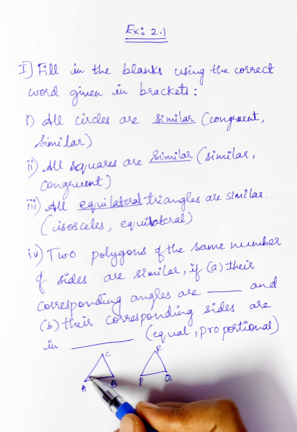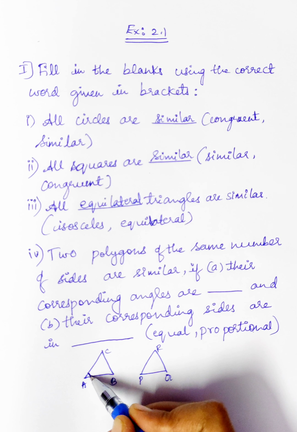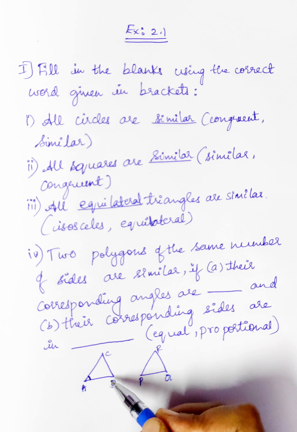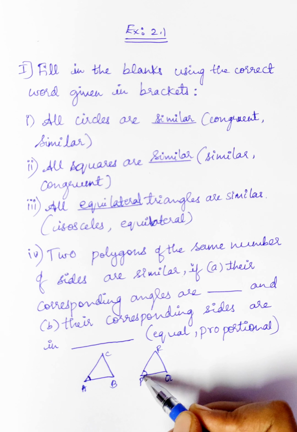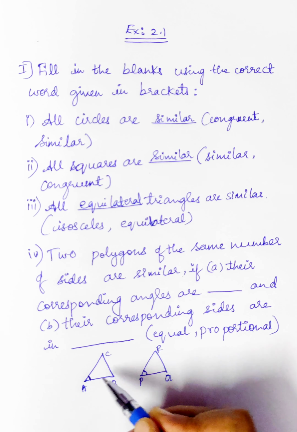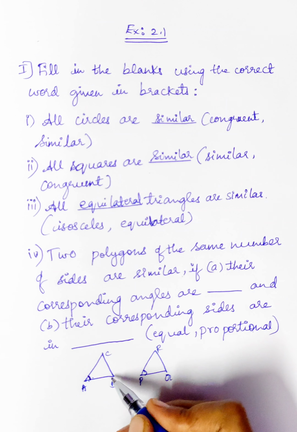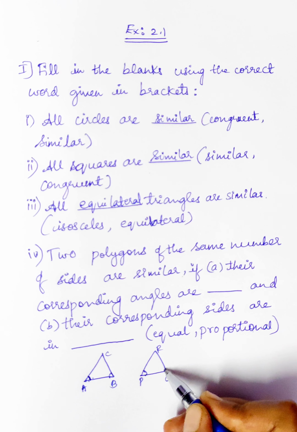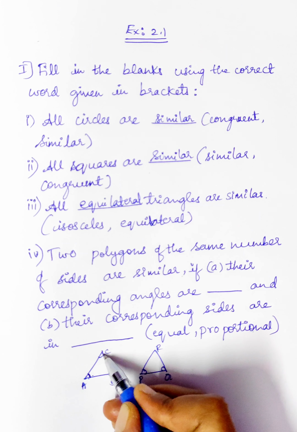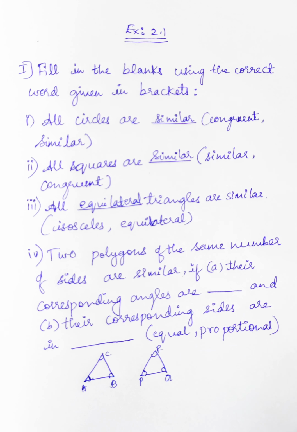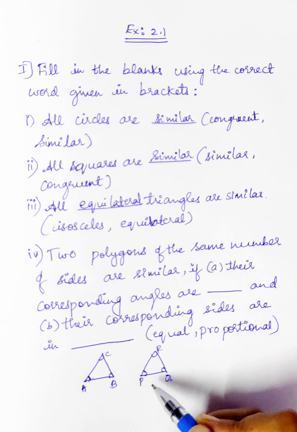Now, if you consider angle A in this figure and angle P in this figure, these are called corresponding angles, angle A and angle P. And angle B corresponds to angle Q, angle C corresponds to angle R. So these are called corresponding angles.